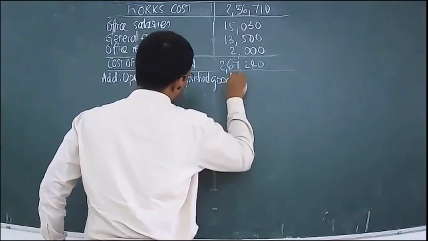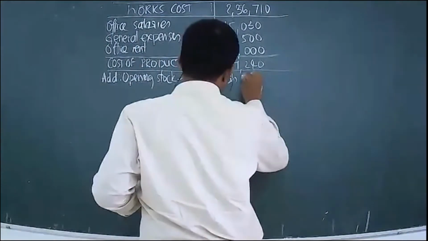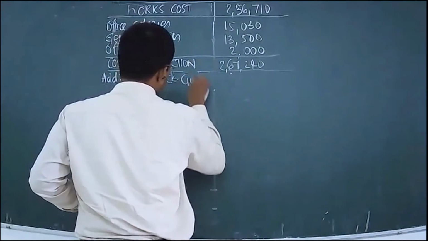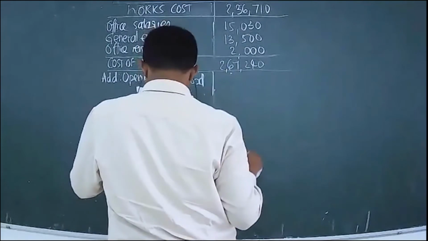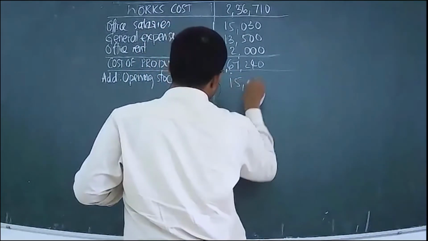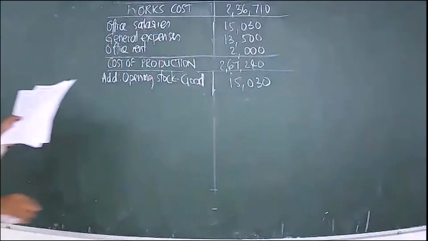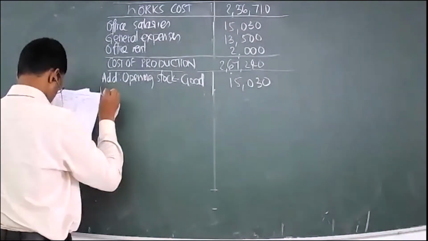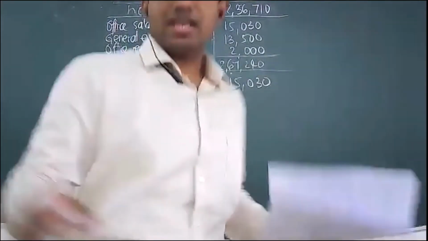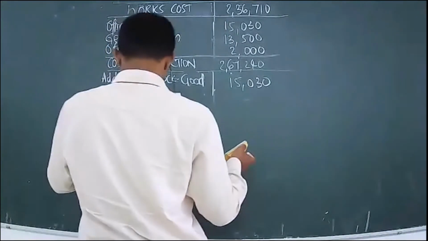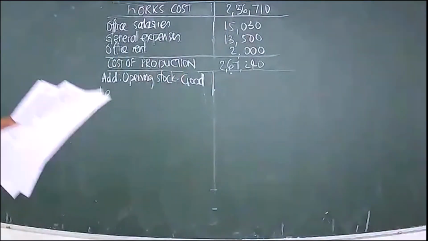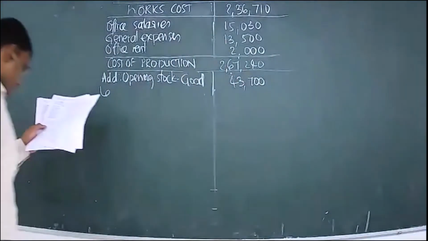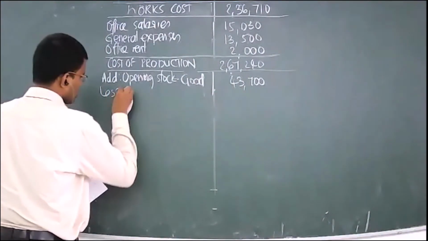The opening stock of finished goods is, oh, I think I made a mistake with the value. It should be 43,700. Then from this we have to subtract the closing stock.